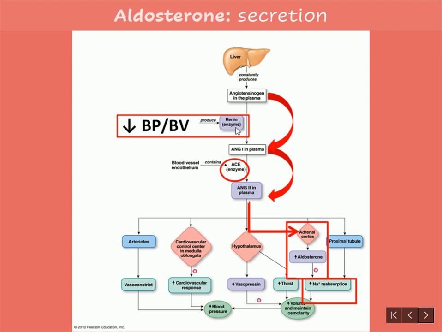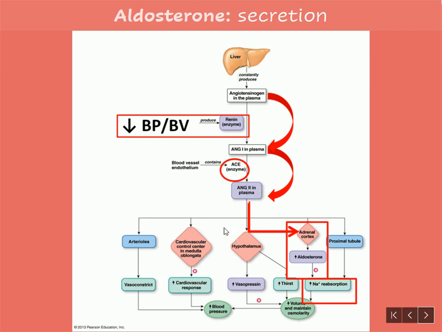Renin converts the inactive angiotensinogen into angiotensin 1. Angiotensin 1 is then converted by the ACE enzyme, or angiotensin converting enzyme, into angiotensin 2.